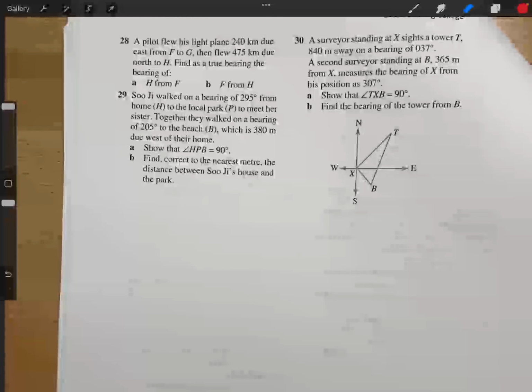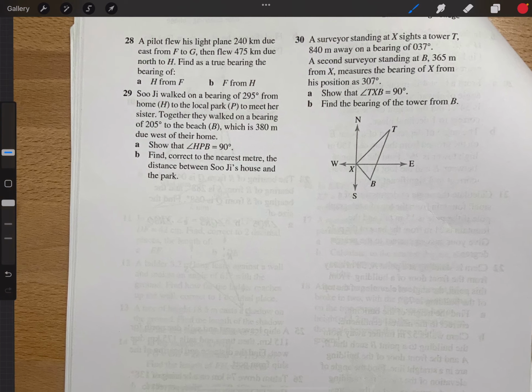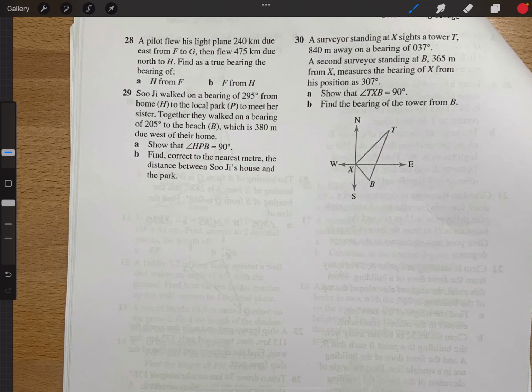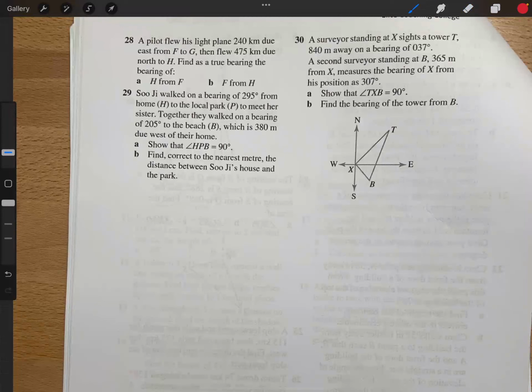Question 28. A pilot flew his light plane 240 kilometers due east from F to G. So he starts from here and flies due east, in the east direction, 240 kilometers from F to G, and then flew 475 kilometers due north, so it's this way.